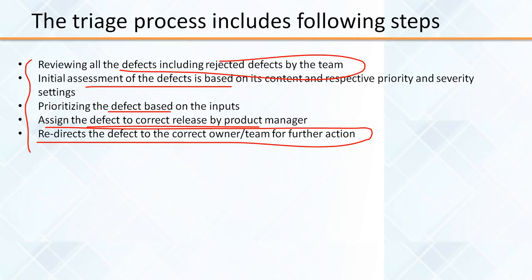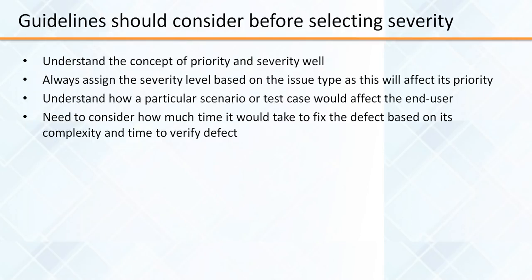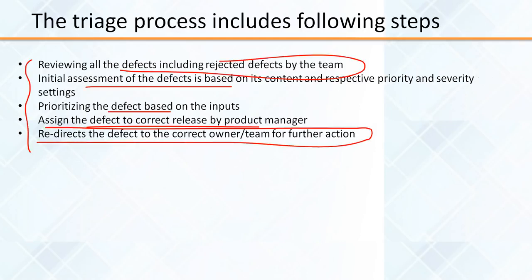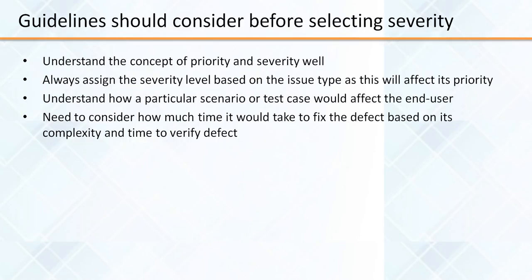Okay, so these are a few guidelines which we need to follow when adding the severity. Understand the concept of priority and severity very clearly, and always assign the severity level based on the issue type, as this will affect the priority. Understand how a particular scenario or test case would affect the end user.